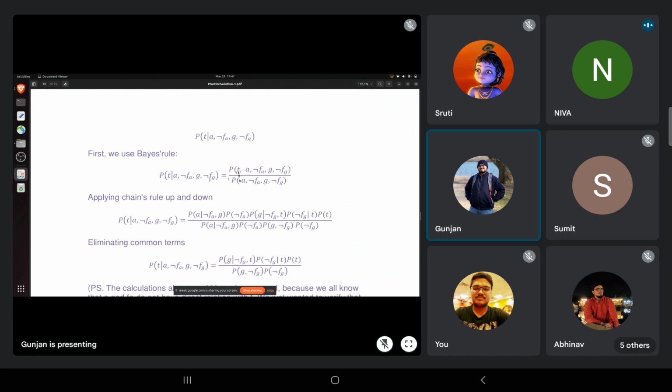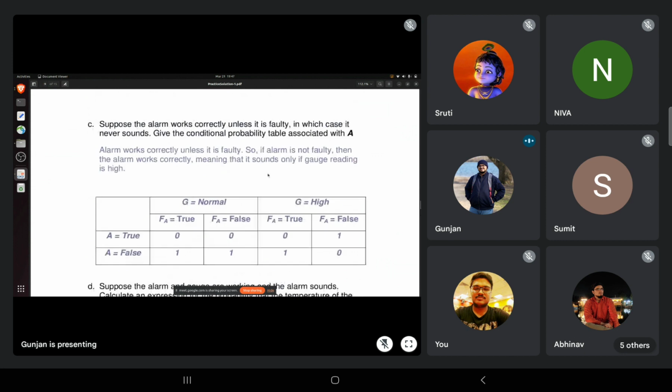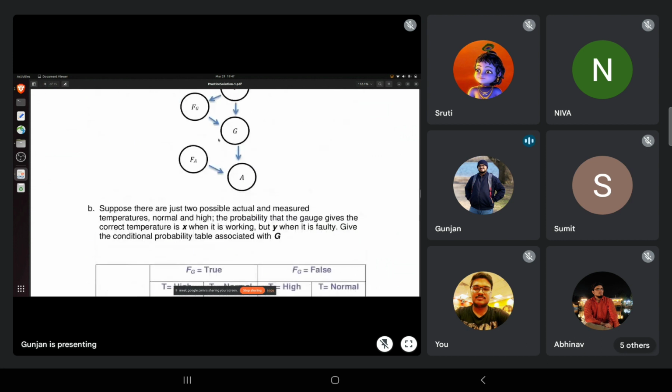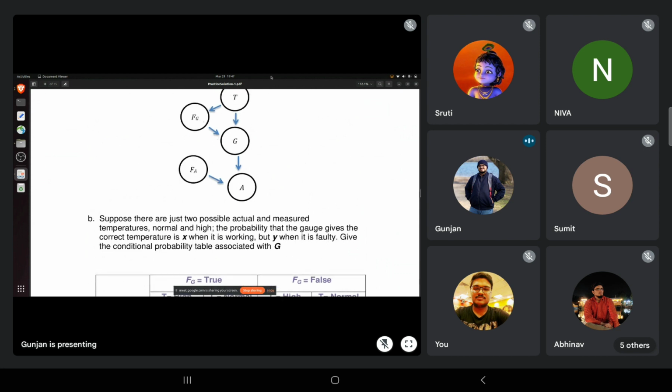See, this P of T, comma A, comma not FA, comma G, comma not FG can be expanded using the network structure, right? We know that A is conditionally dependent only on FA and G, and once we know G, we don't need to map it to FG and T. Similarly, G is dependent on FG and T, FG is dependent on T, and T is independent, and FA is independent.